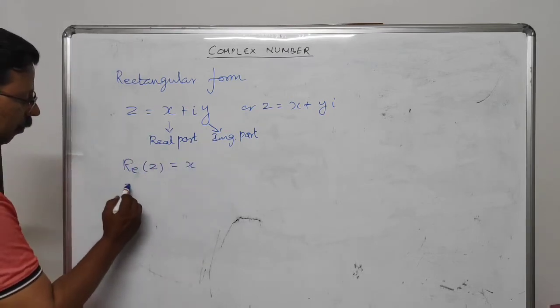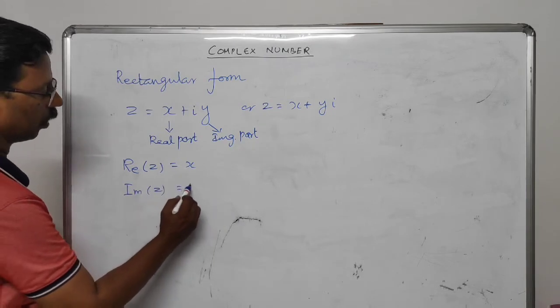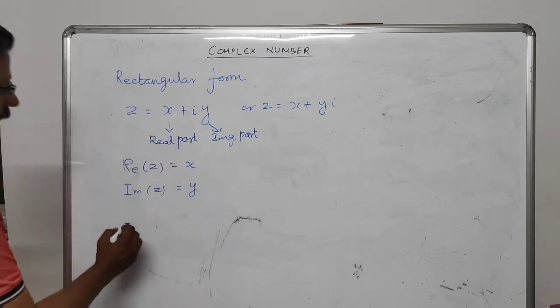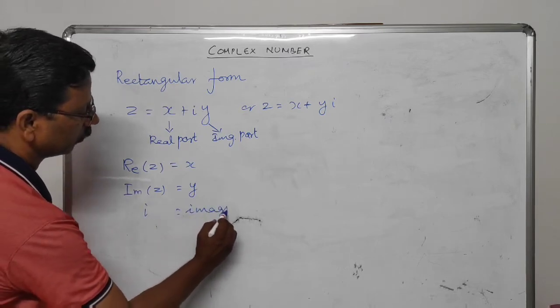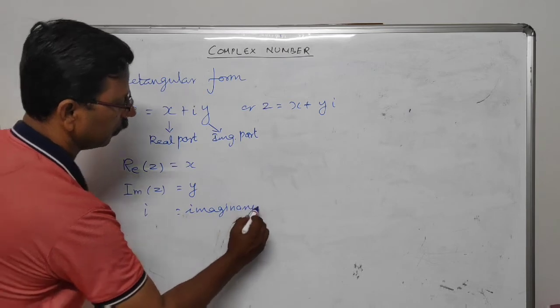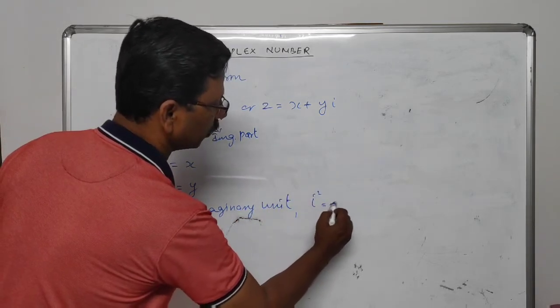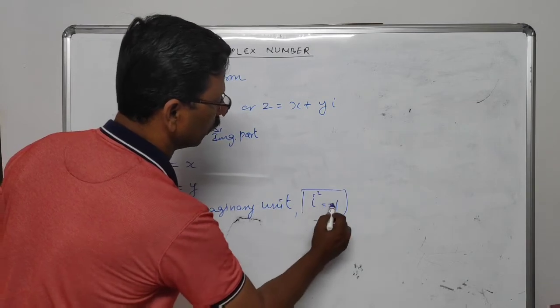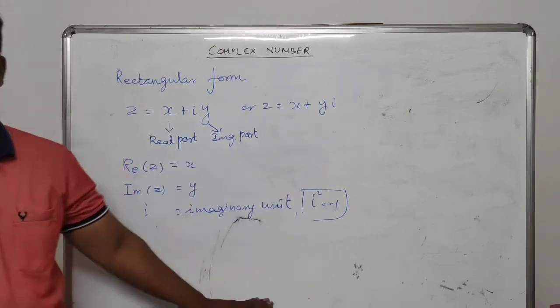The imaginary part of z is denoted by Im of z, which is equal to y. Now what is this i? i is called the imaginary unit, with the property that i square is equal to minus 1. This you should not forget. i square is always equal to minus 1.